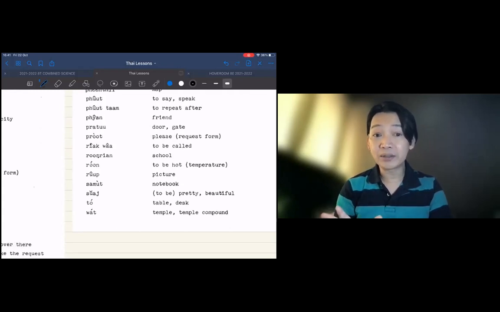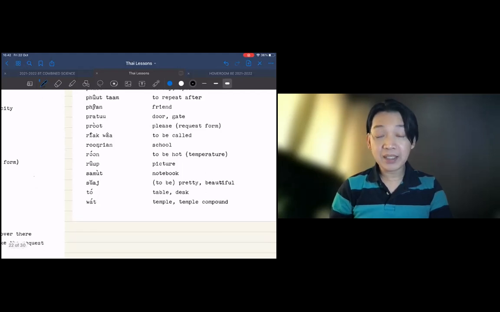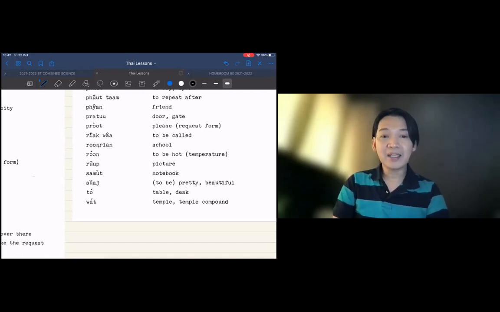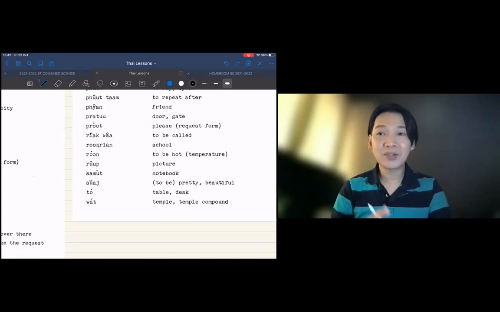What is this called? So referring to a name of a thing. Rong riyan is cool. Ron is hot. So akat ron is a warm weather. Samut is notebook. And then suwai, you wanted to be called this. Suwai is beautiful or pretty. Top is stable, and wat is referring to a temple or the temple compound.